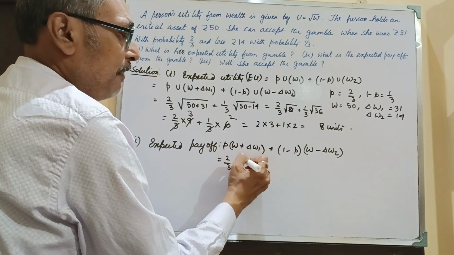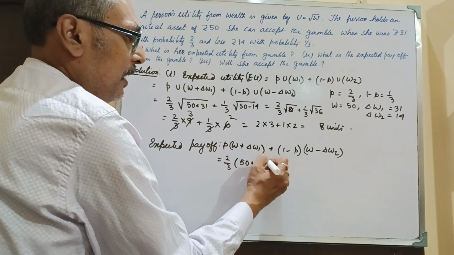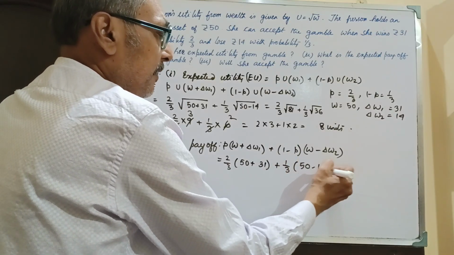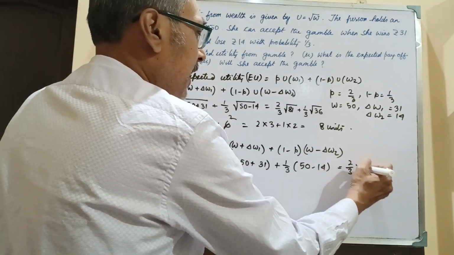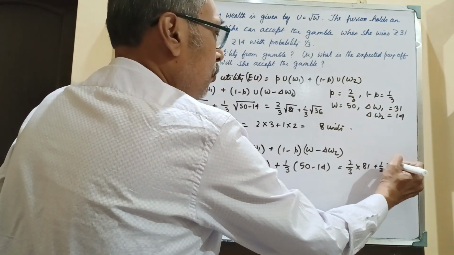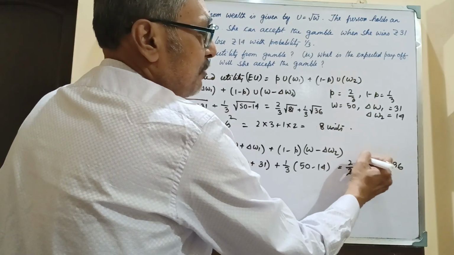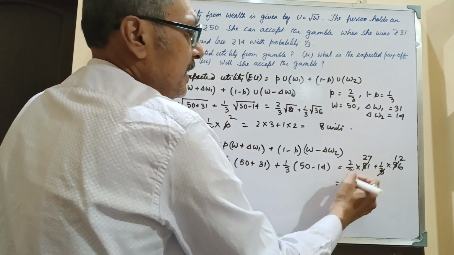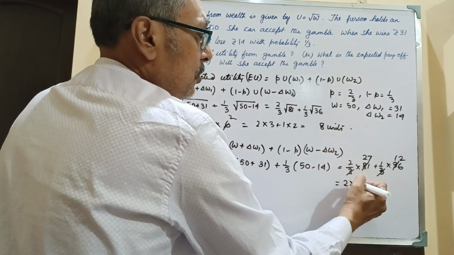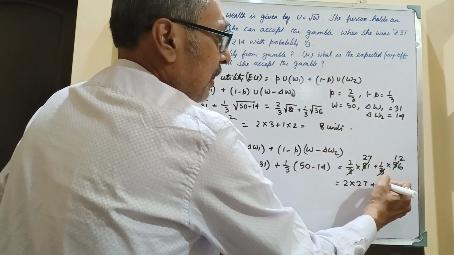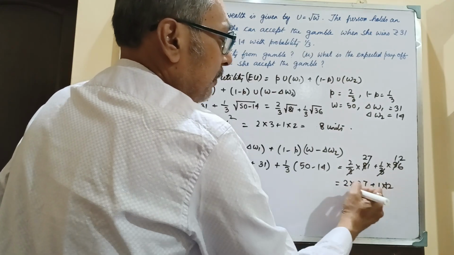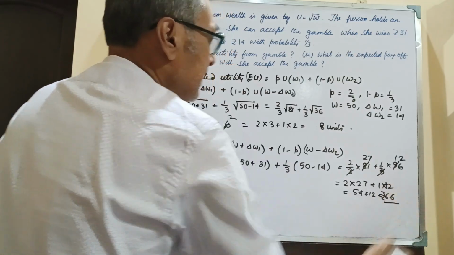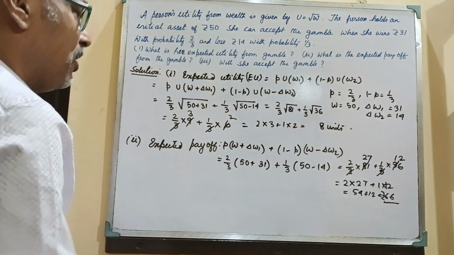This is 50 plus 31, plus 1 by 3 of 50 minus 14. This is 2 by 3 into 81 plus 1 by 3 into 36. This comes to 27 times 2, that is 54, plus 12. This is 66. Rupees 66 is the expected payoff.